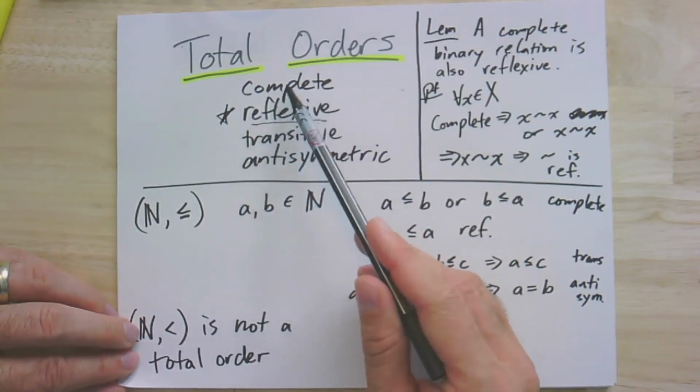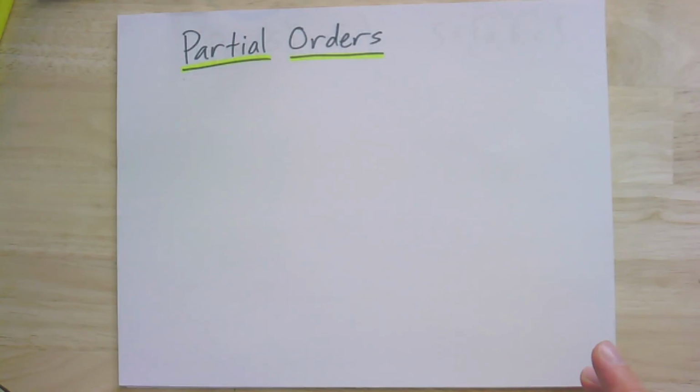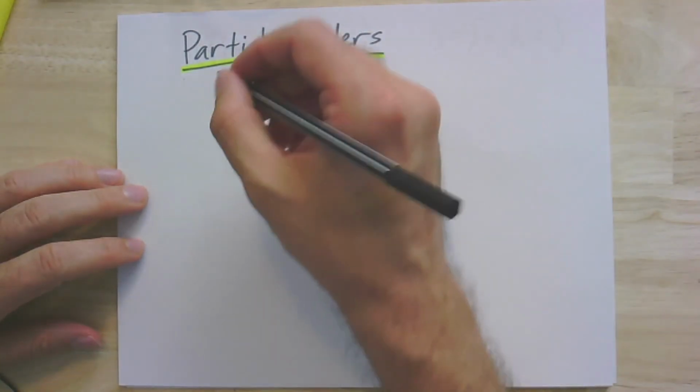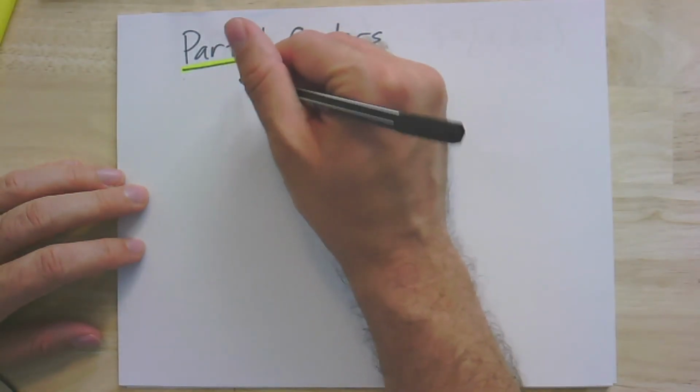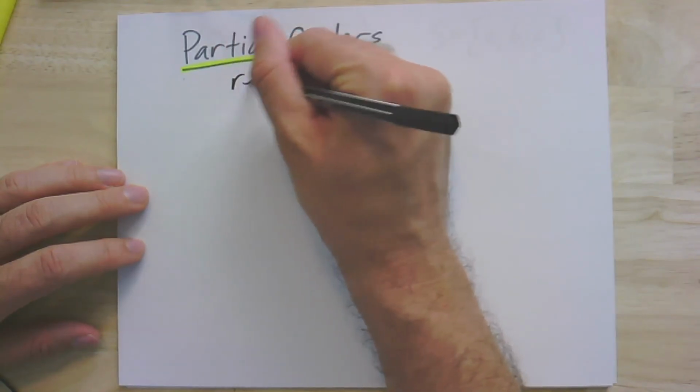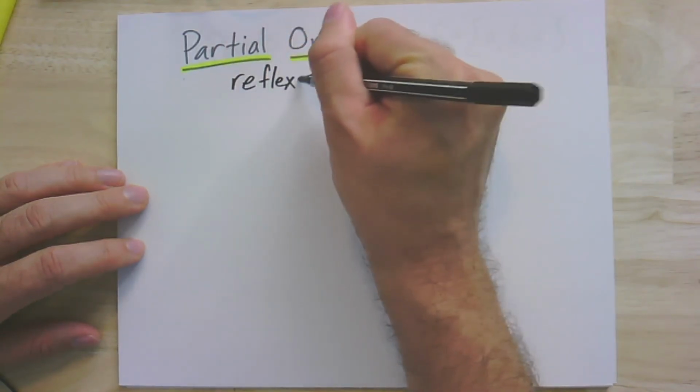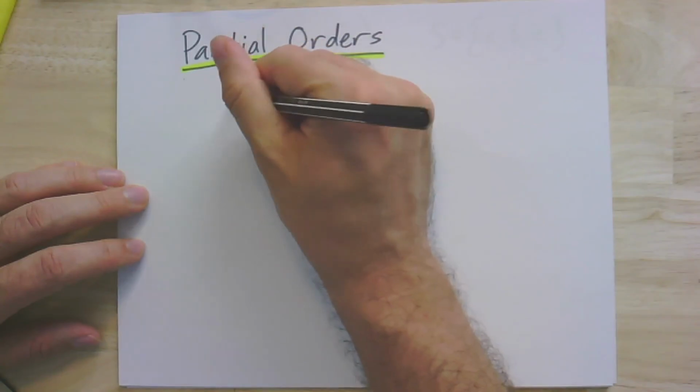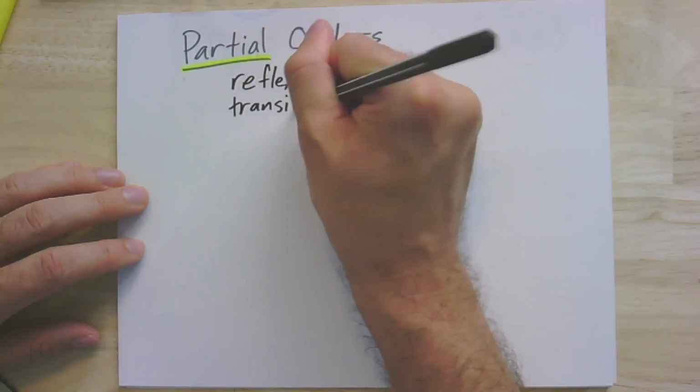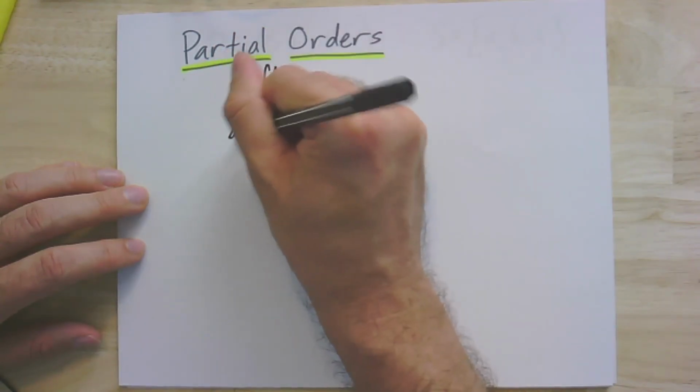But we can get rid of, in fact, both of these properties, and we arrive at a different concept, which is called a partial order. Actually, we won't get rid of both. This is going to be only reflexive, transitive, and antisymmetric.